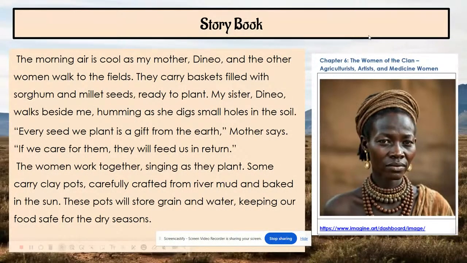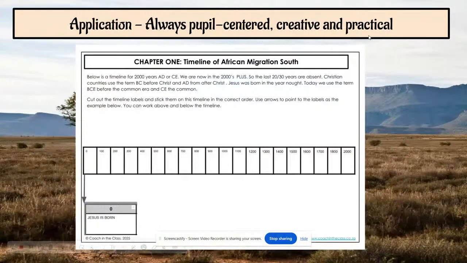And then it explains how the whole planting process happens. As always, the application is pupil-centered, creative and practical. We felt there needed to be a timeline so that you could understand exactly when this African migration went down. And so there are these little stickers that you stick all around this timeline, helping you get a perspective.